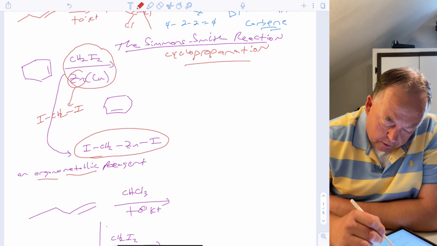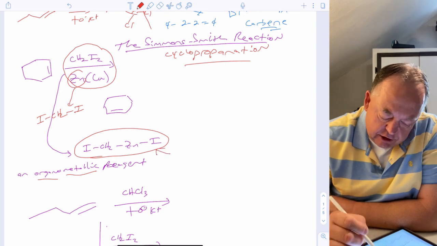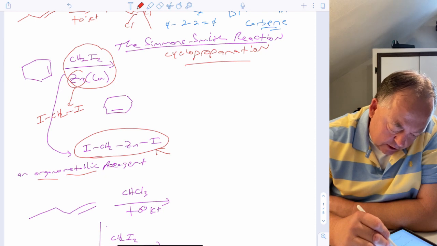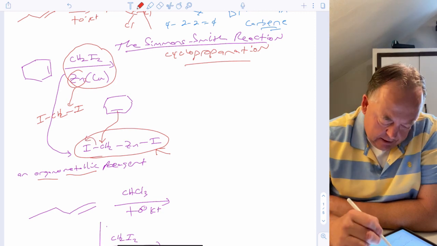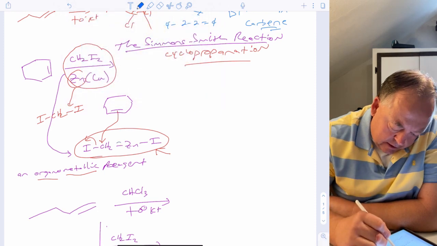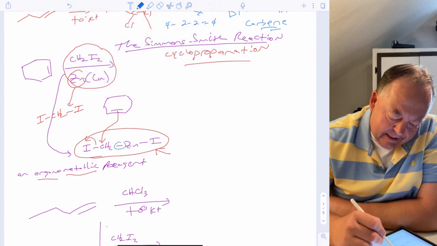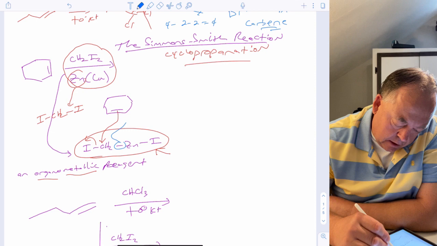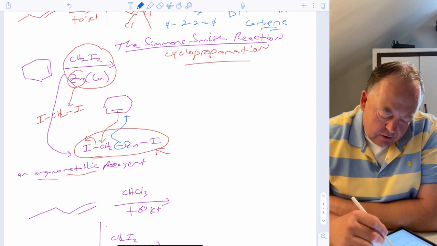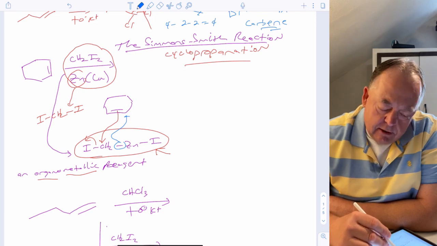Okay, so what happens now is this reagent that you just made is going to react with the alkene. So we're going to take the 2 electrons in the pi bond and we're going to make a bond to carbon, and that's going to kick off an iodine. And then we're going to take the 2 electrons in the carbon zinc bond, and we're going to take those and make a bond to carbon. So zinc is losing those electrons, they're remaining with carbon to make a bond to carbon.